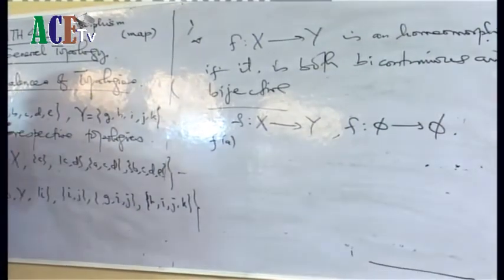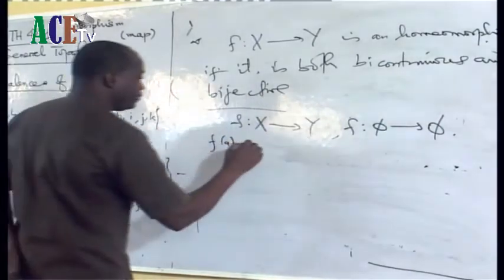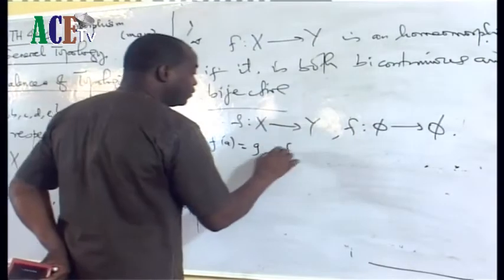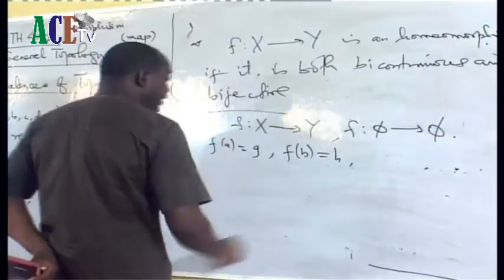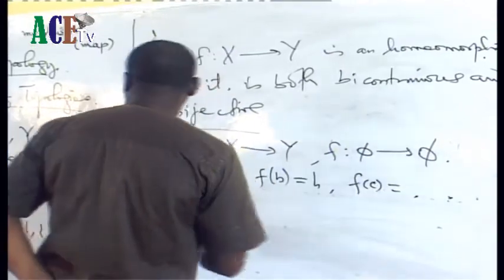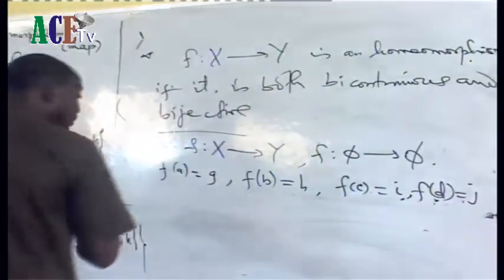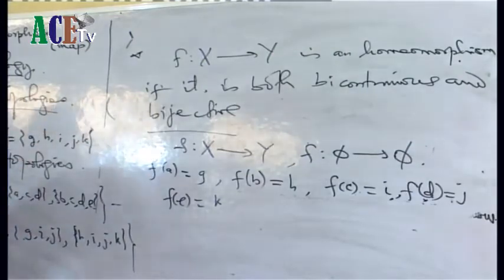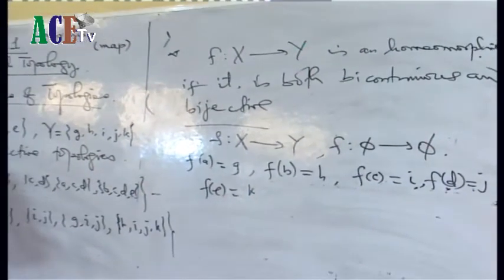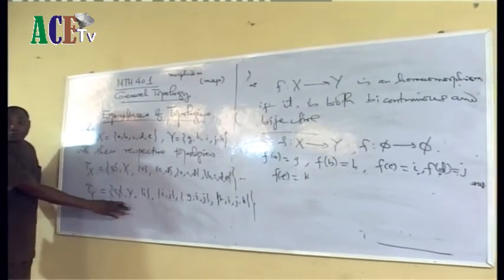Here, F takes A to G, B to H, C to I, D to J, and E to K. So there is a one-to-one map of everything you have in this set with what you have in its mirror set here, the codomain.